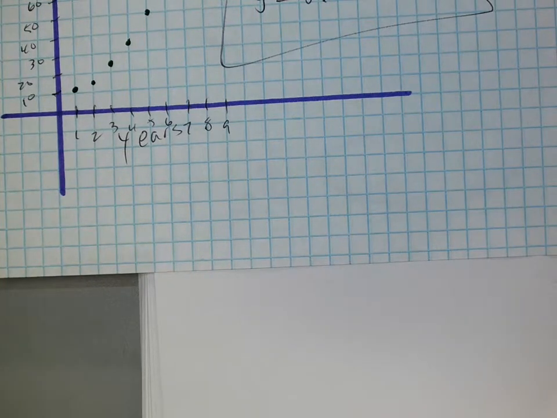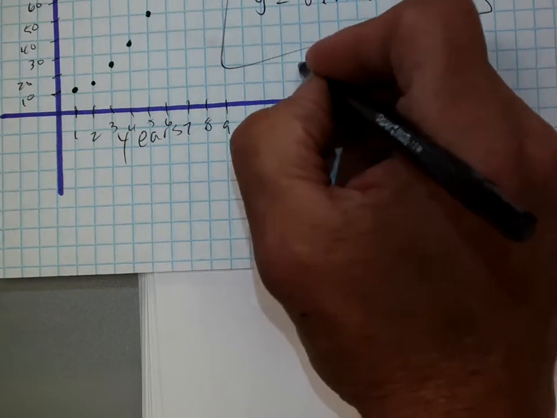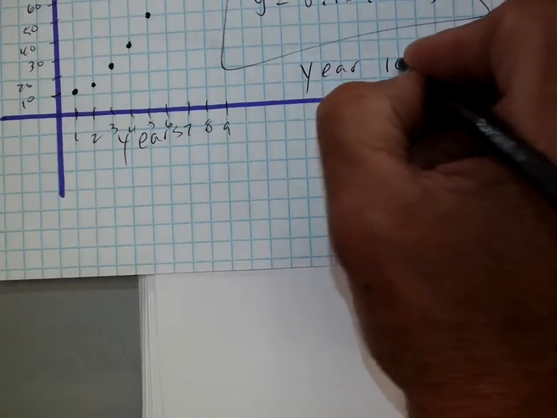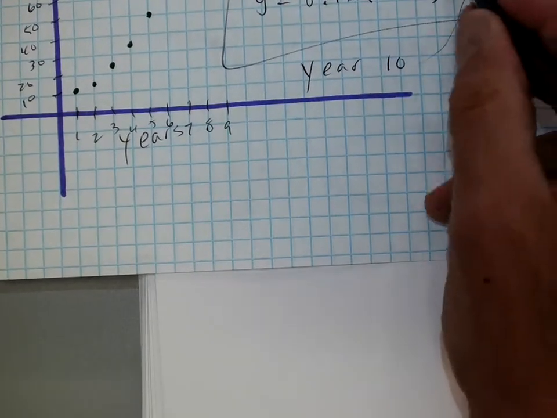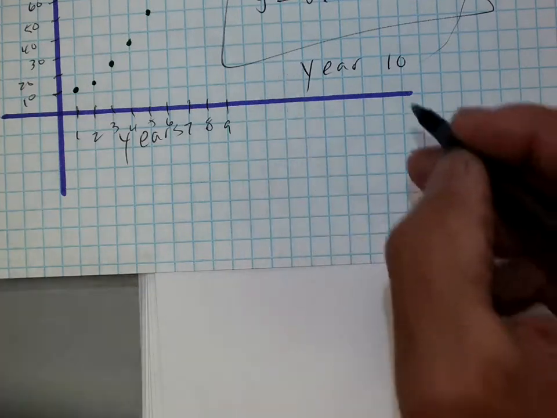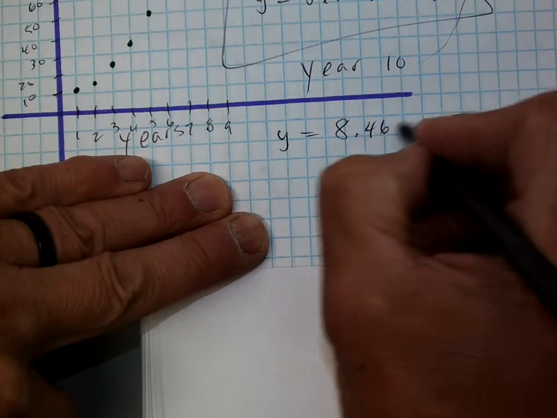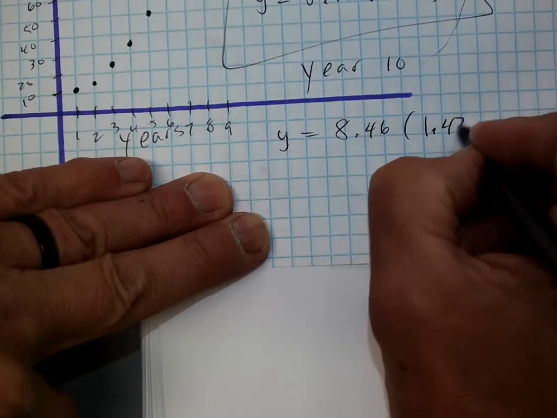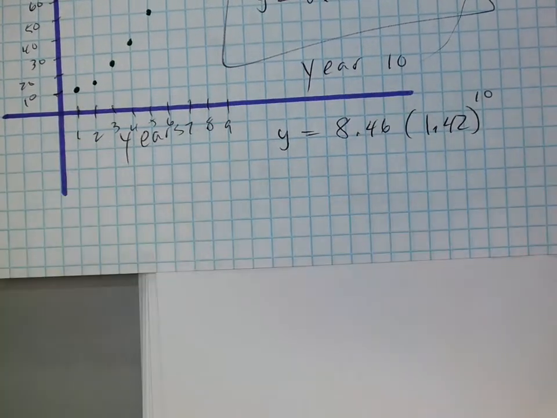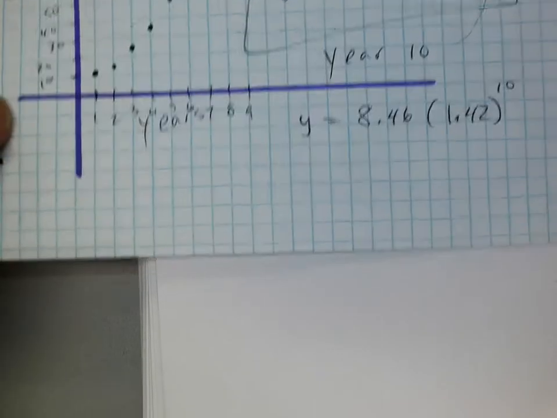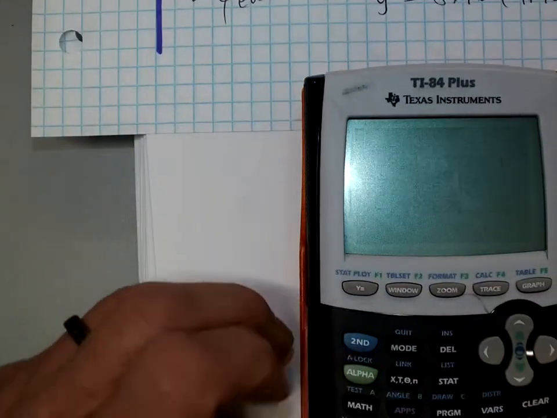Now, let's use our equation. So it says, okay, year 10. So year 10, let's just plug 10 into my equation, right? So y equals 8.46 times 1.42 to the 10 power. We'll let the calculator do the work, right?